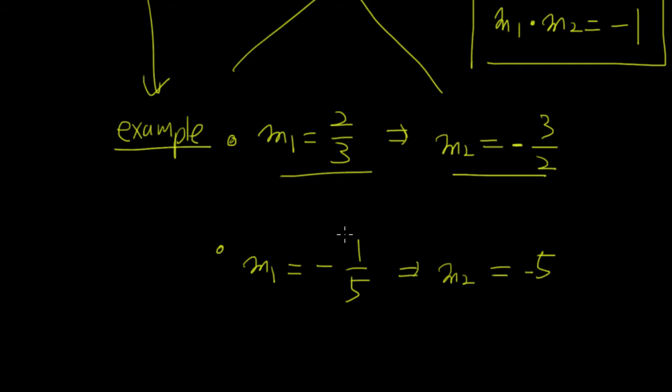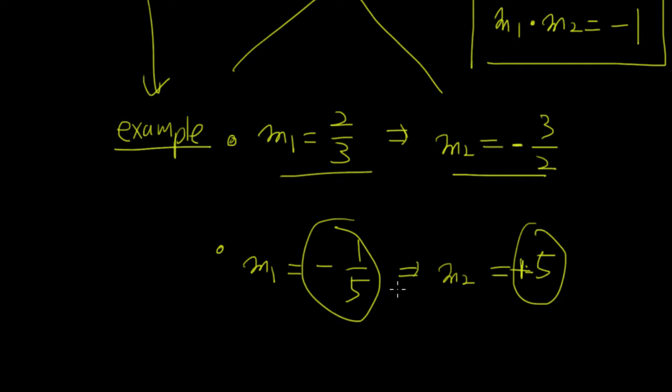It was already negative, but when you flip, you put negative anyway. So negative negative cancel to be positive, so it's just +5. You can also check by multiplying these two numbers, see if it becomes -1, and it does. So these two are perpendicular to each other, and these two are perpendicular to each other.